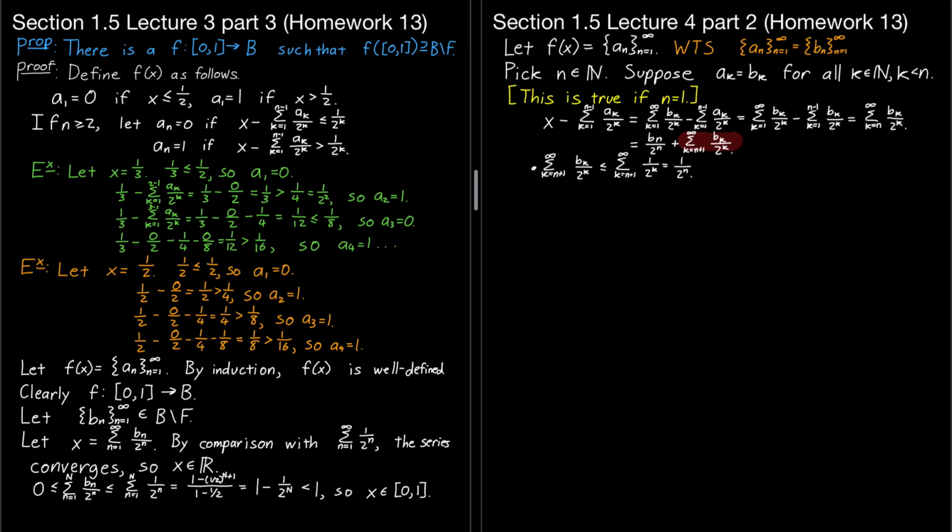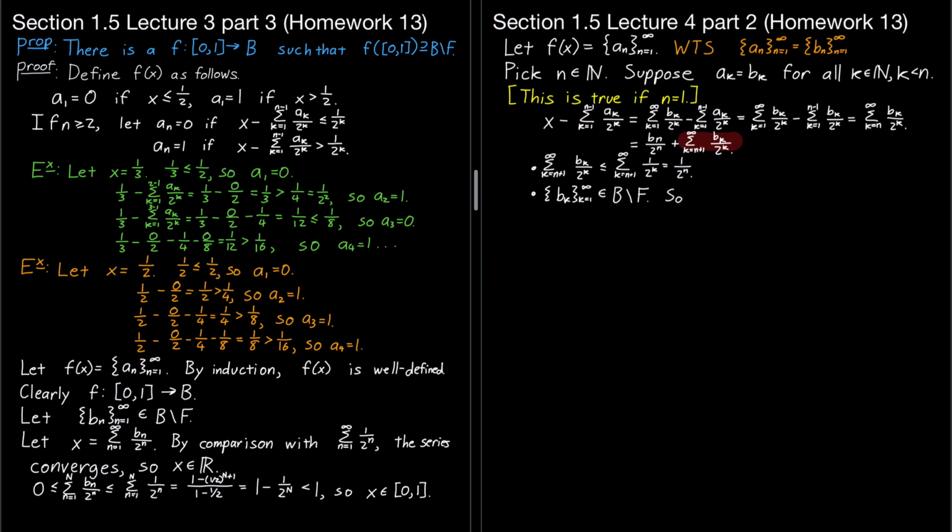On the other hand, this sequence of b_k is not just a binary sequence, it's a sequence that's not in F. And remember, F is the set of binary sequences where at a certain point you're 0.